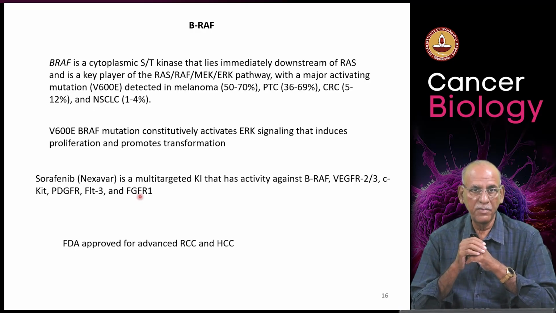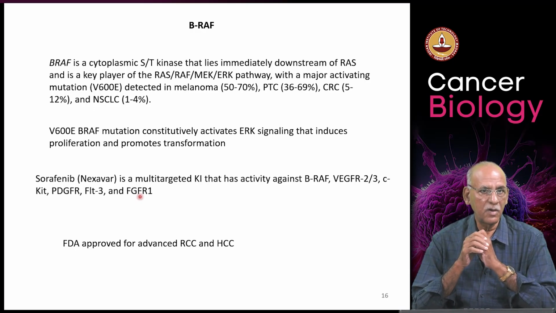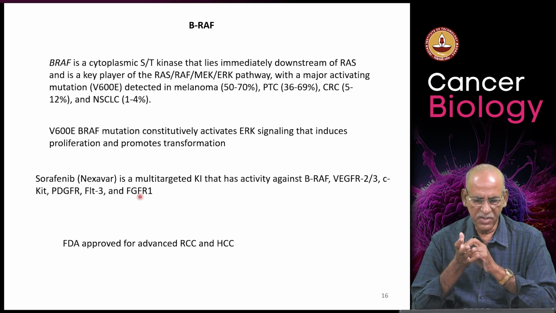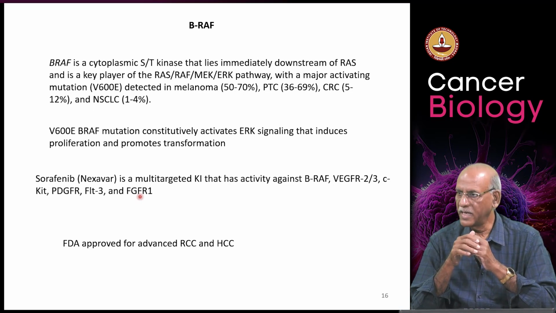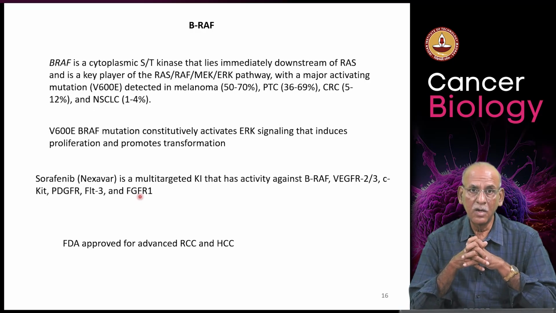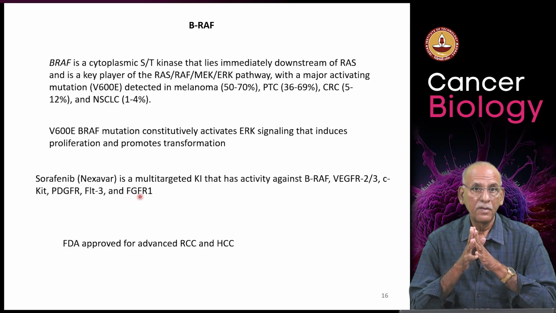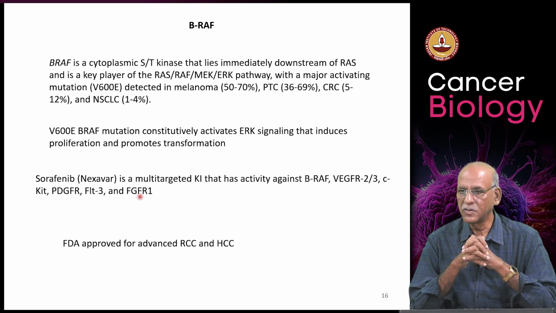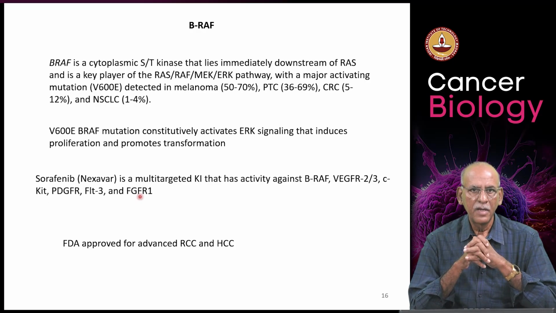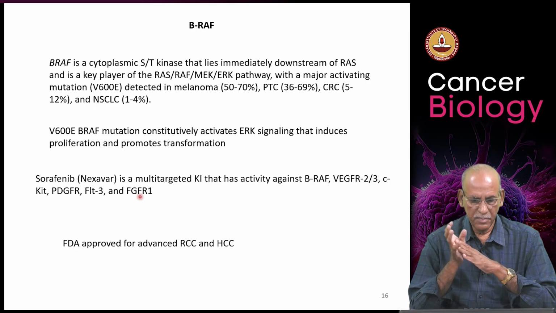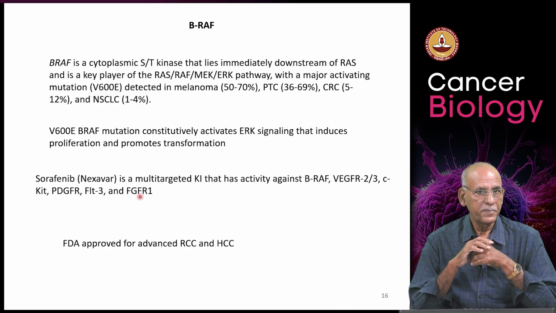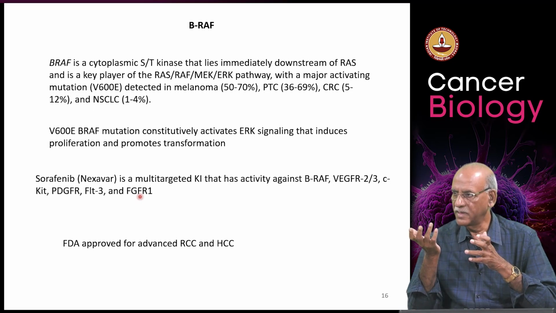It is very important to remember this inhibitor, which is called sorafenib. The commercial name is Nexavar or something. It is a multi-targeted kinase inhibitor that has activity against BRAF and also on VEGF receptor, vascular endothelial growth factor receptor 2 and 3, and also on c-KIT, PDGF receptor, FLT3, and then FGF receptor, fibroblast growth factor receptor.